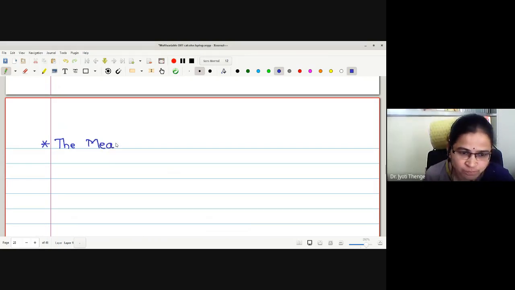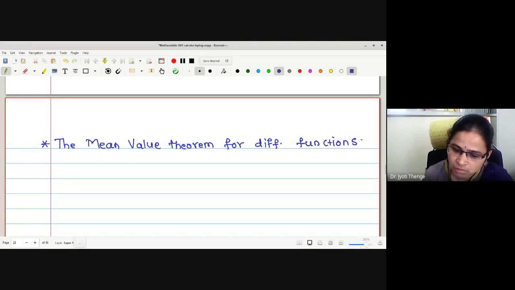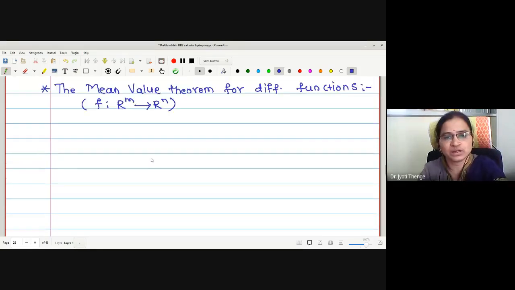Can anyone recall what is the mean value theorem for differentiable functions? No doubt the function under consideration is of the type Rm to Rn, multivariable vector value function.